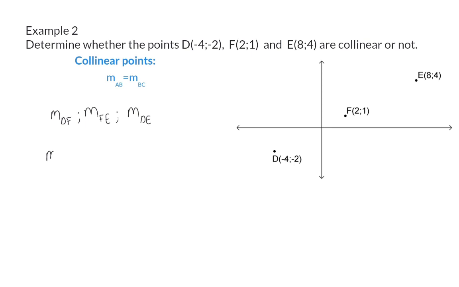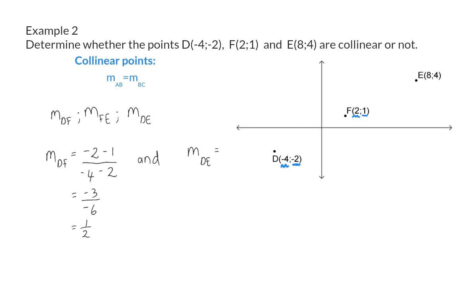I'm going to choose to start with the gradient of DF by substituting the coordinates D and F. So I'm going to start with the y value of point D and subtract the y value of F, and then the x value of D minus the x value of F. This gives us a fraction of minus 3 over minus 6, and therefore the gradient is a half. Now I'm also going to determine the gradient of DE.